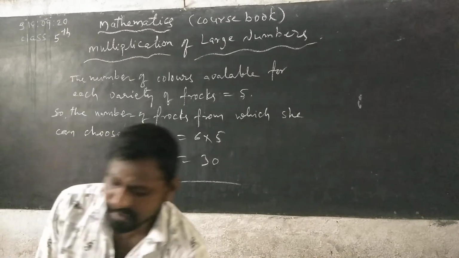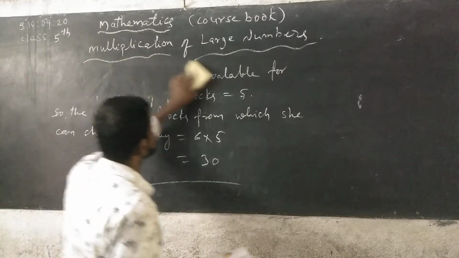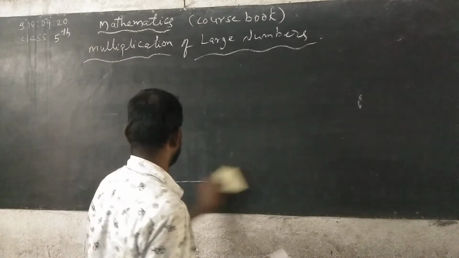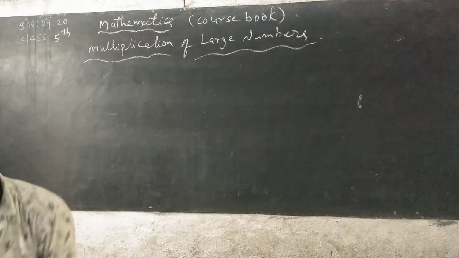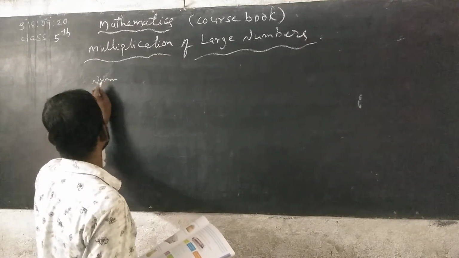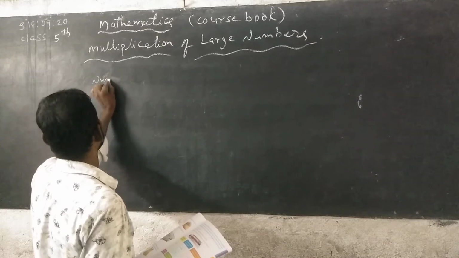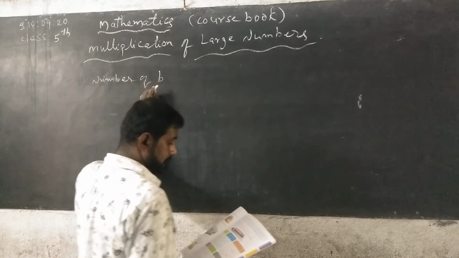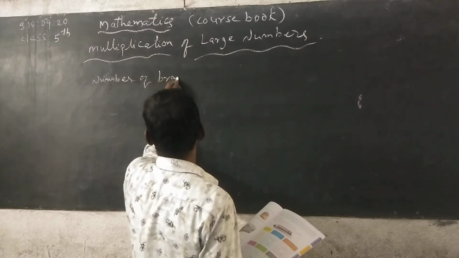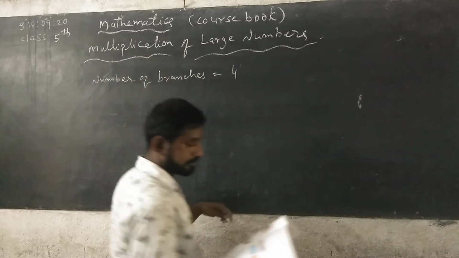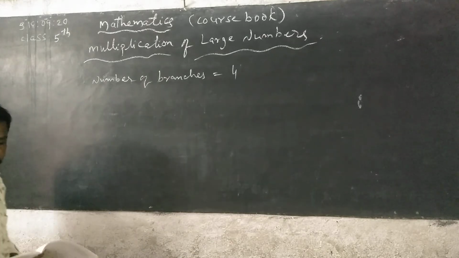Okay, see, this is also very easy. Number of branches. How many branches? Number of branches across India, 4 branches.